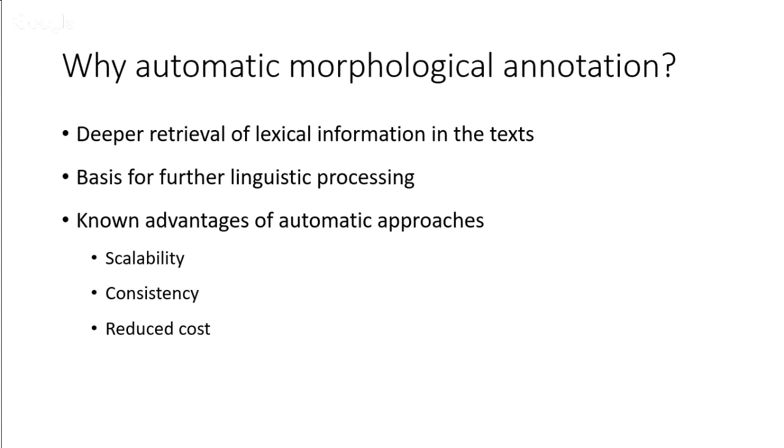Whereas when a human makes a mistake, it's often really difficult to identify. And of course, from a cost point of view, once you've set up an automatic annotation system, then after the initial costs of running it, you can run it on larger sets of text at much smaller cost than if you were to do it manually.